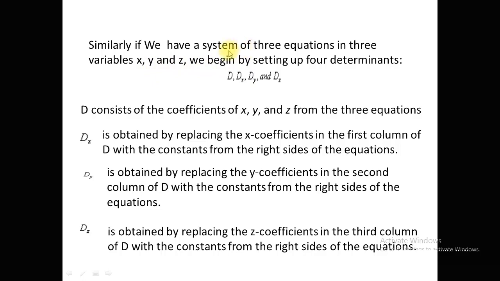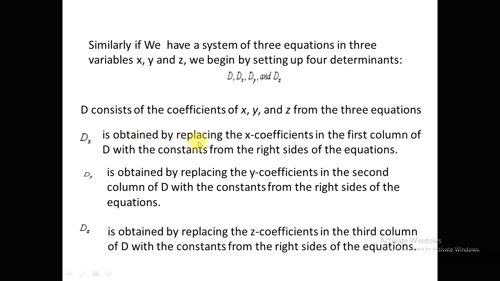For the solution of a system of linear equations by Cramer's rule, we set up 4 determinants. First, obtain the determinant D, which consists of the coefficients of x, y and z from the given 3 equations. Then obtain the determinant Dx for the value of x.